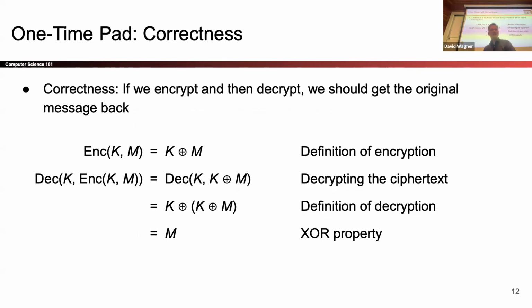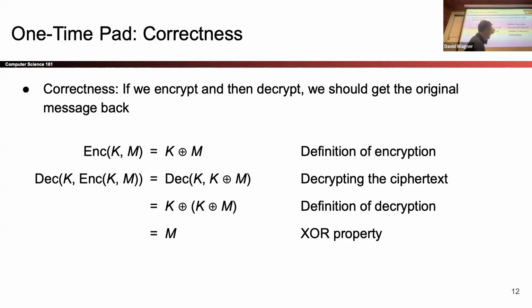To check correctness, we have to check that if you decrypt an encrypted message, you get back what you started with. You could work through the math, and you'll see that the ciphertext is K XOR M. Decrypting that, I add in K again, so I get K XOR K XOR M. And if you work through those rules of algebra we previously had, K XOR K is always 0, regardless of what K is.